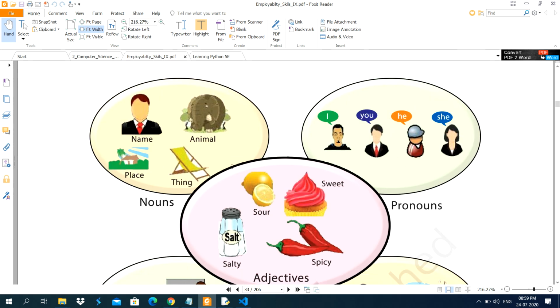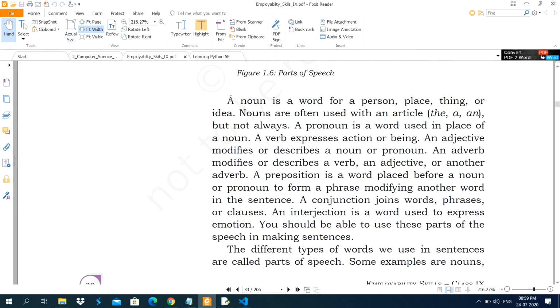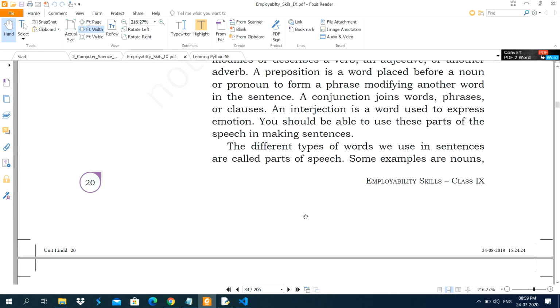Next, I explained to you about basic parts of speech: noun, pronoun, verb, adverb, preposition, conjunction, interjections. These parts of speech are mandatory to learn. Why is it mandatory to learn?